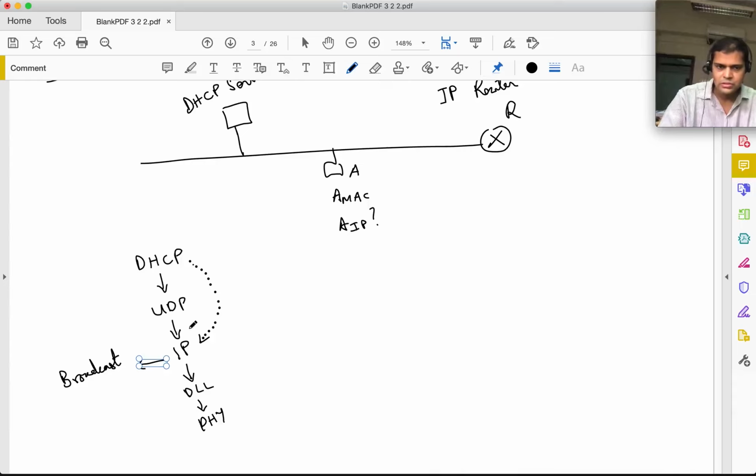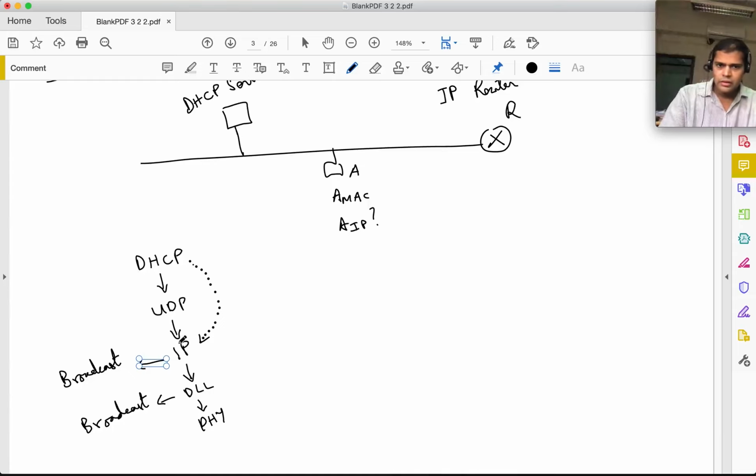We don't know who is the server, and everybody, of course, first of all has to get the frame. So we are going to do broadcast here too. We are going to use all ones in the MAC layer as the destination and also at the IP layer, so that this server is definitely going to get that particular packet.